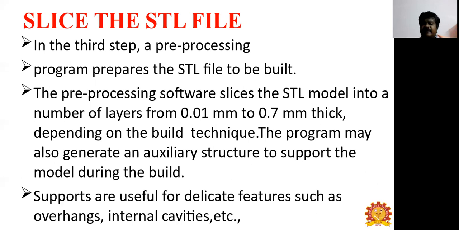The program itself will generate the auxiliary structure, as we have studied earlier. The main aim is supporting our model during the building up of the model. It acts as a support when we are building the model. So this is the third step, slicing the STL file.